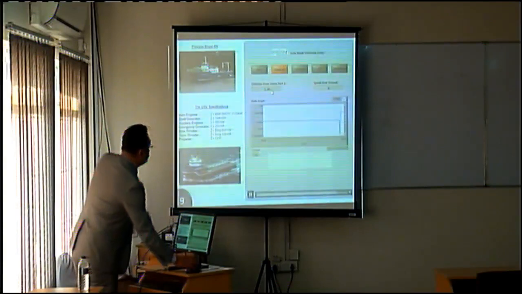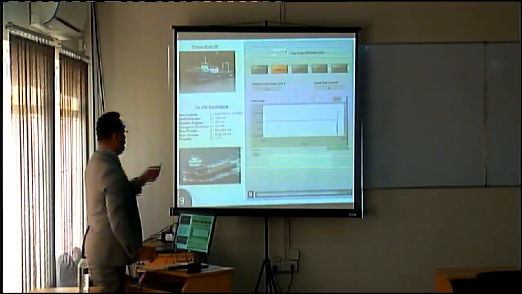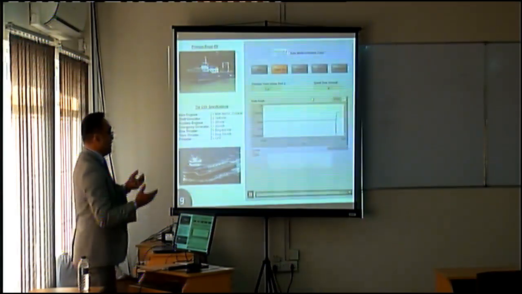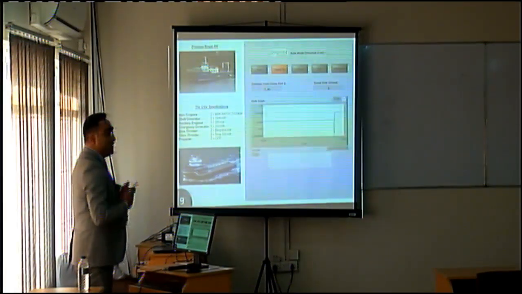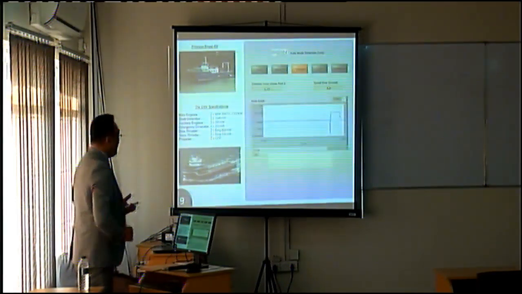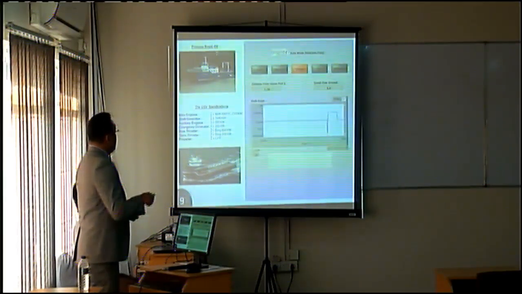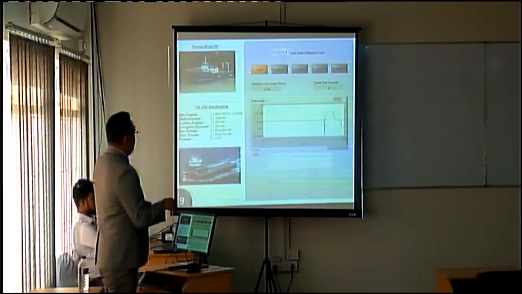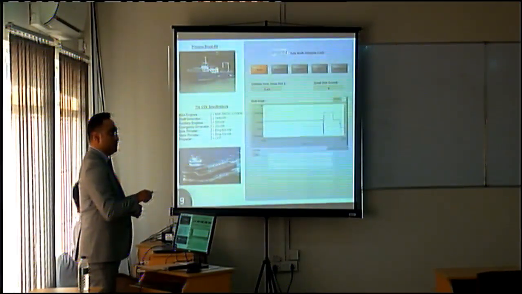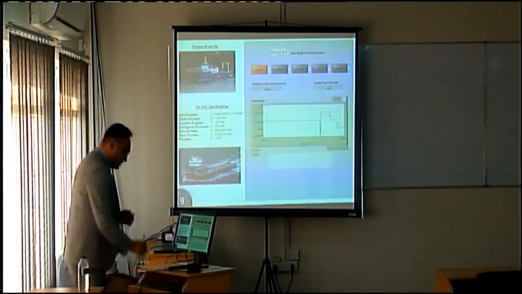For some reason I don't know, they kept the speed in standby mode for a few minutes. That needs time to analyze, and it is a very important part: why was the vessel on standby at that time? Now the vessel is in transit, and now it changes to port mode because it has come close to the port. That means the mode has been detected automatically without human intervention.